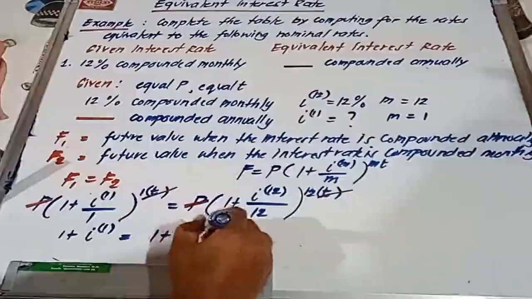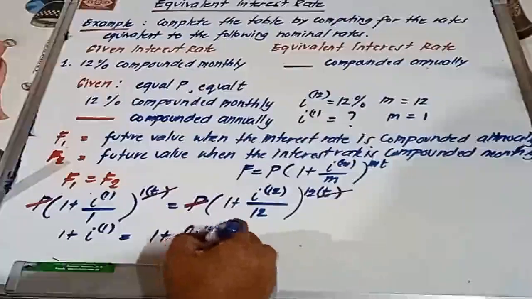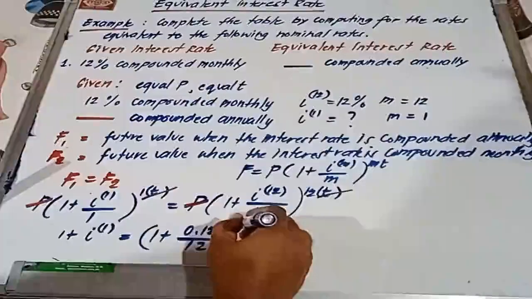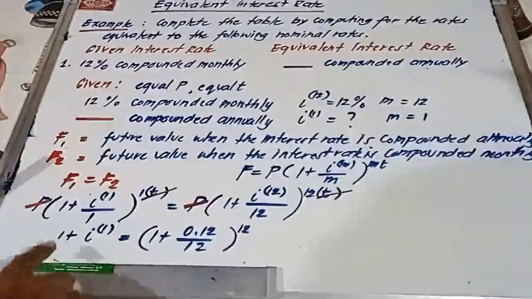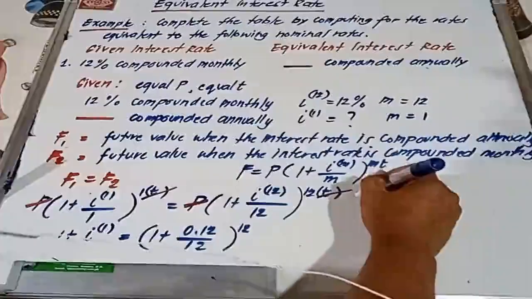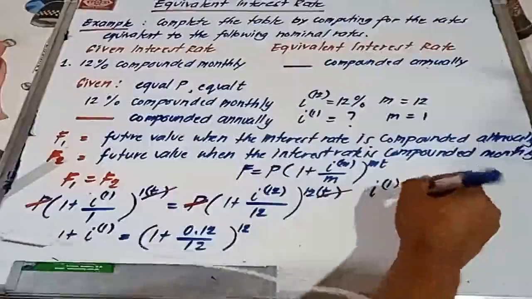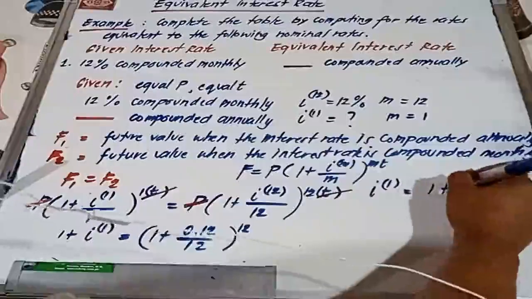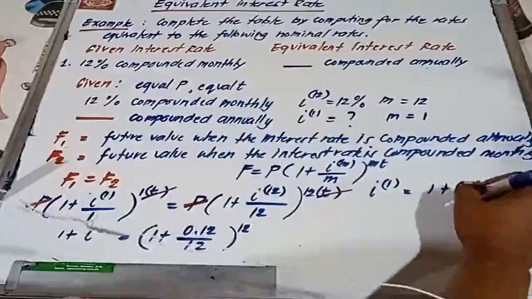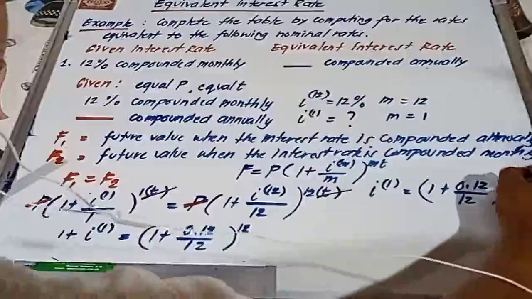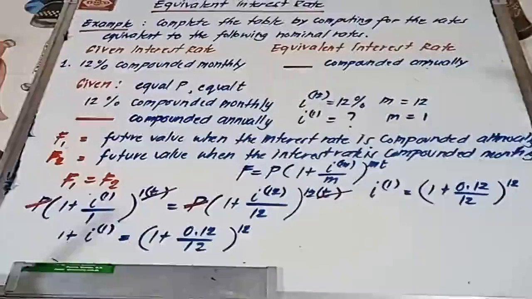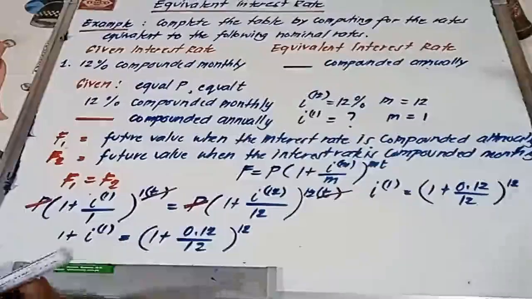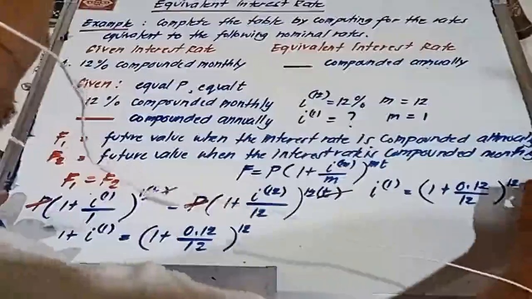So that is 0.12 over 12 raised to 12. Okay. Transpose natin yung 1. So the equation will become I, interest rate compounded annually, equals 1 plus 0.12 over 12 raised to 12. By the way, I forgot to transpose 1 to the other side, so the equation will be minus 1 here.